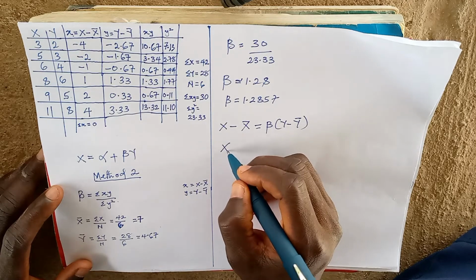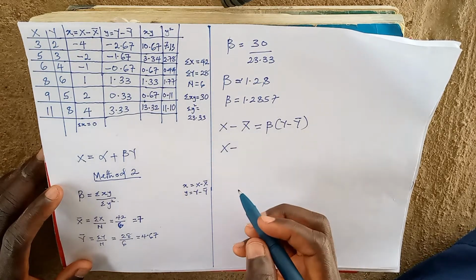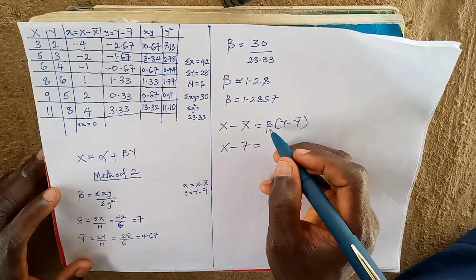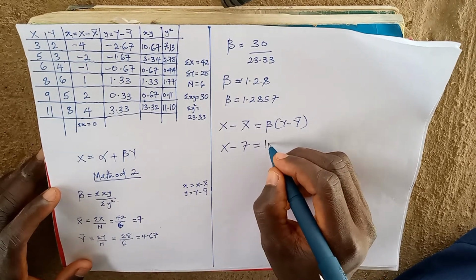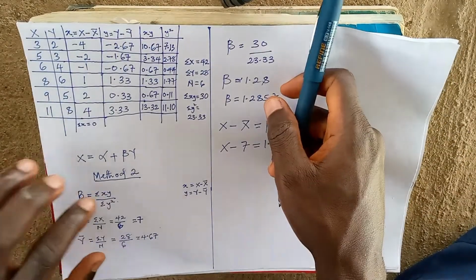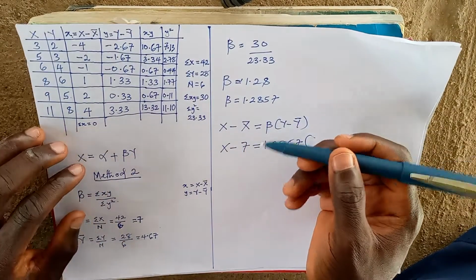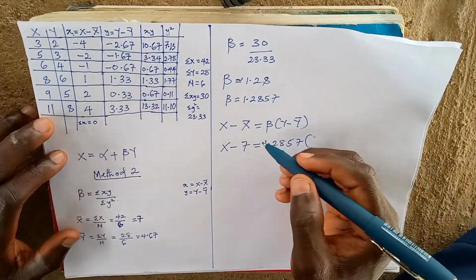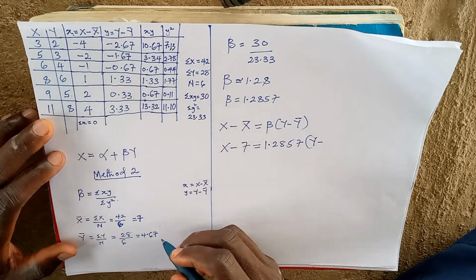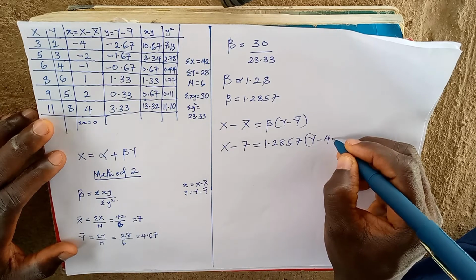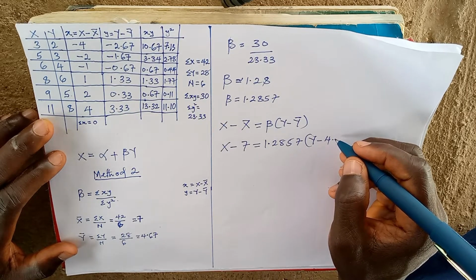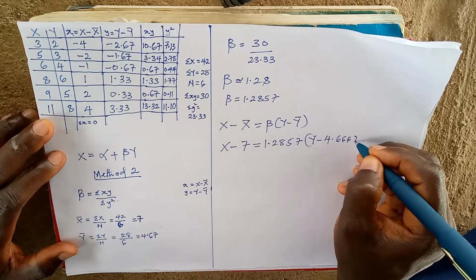Now we have X minus X bar. Our X bar from here is 7, so we have 7 equals beta, and our beta from here is 1.2857, into brackets Y minus Y bar, and our Y bar is 4.667.